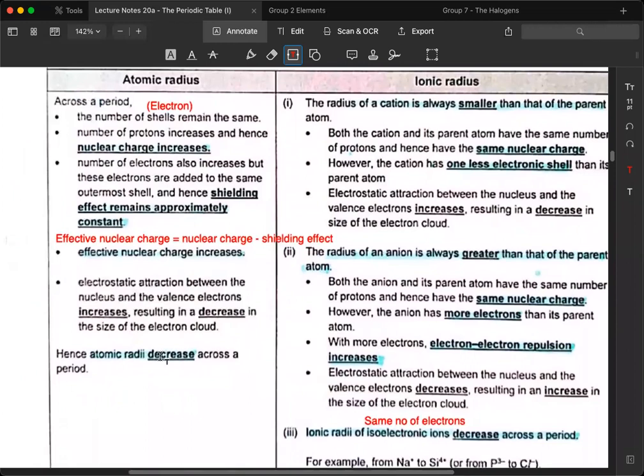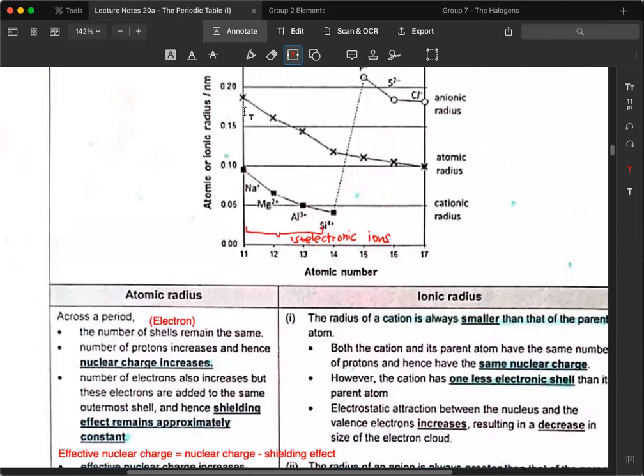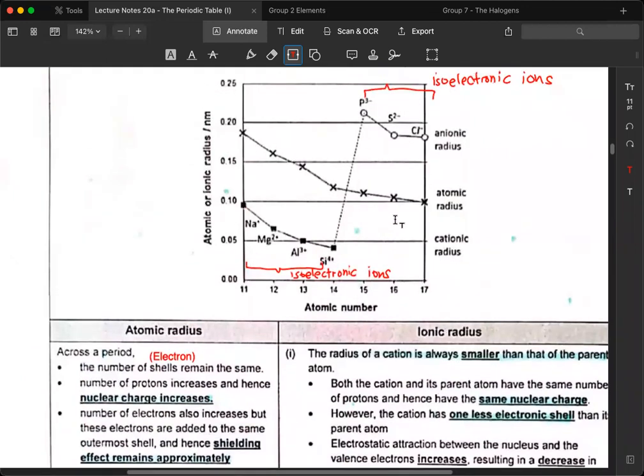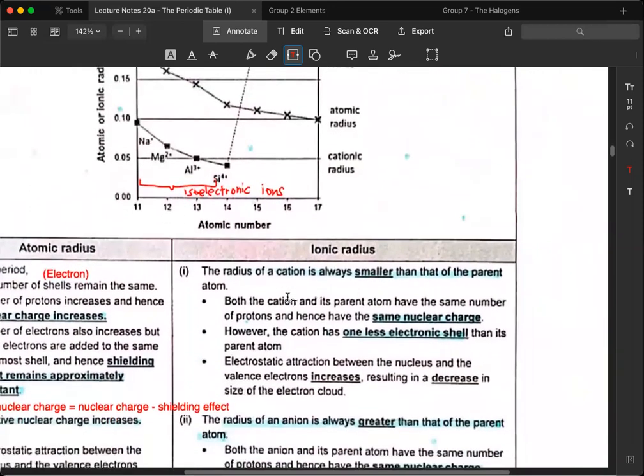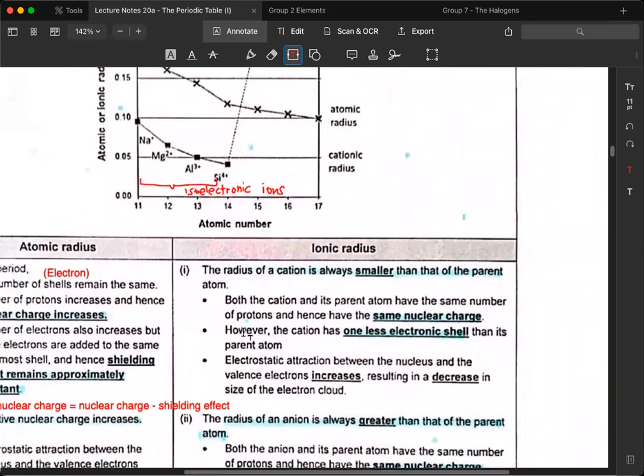Okay, so this explains the trend of atomic radius across the period. So in general, it is decreasing due to increased effective nuclear charge. For ionic radius, we have to bear in mind the difference between the cations and the anions. For the cation, their radius will always be smaller than the parent atom.